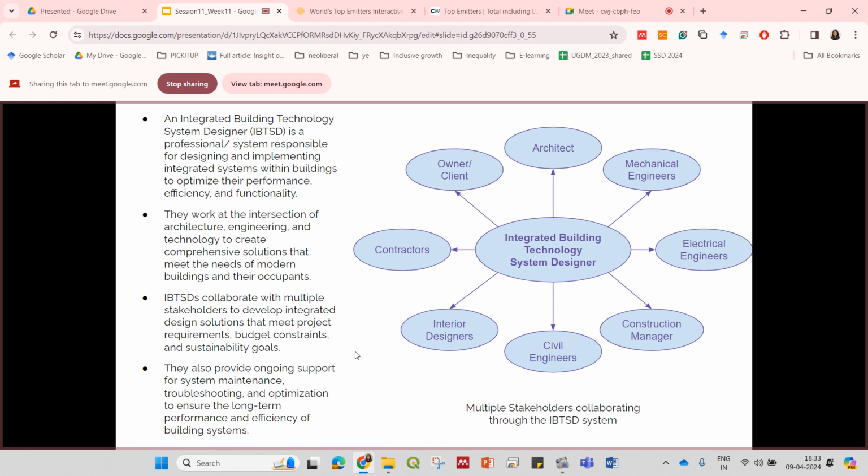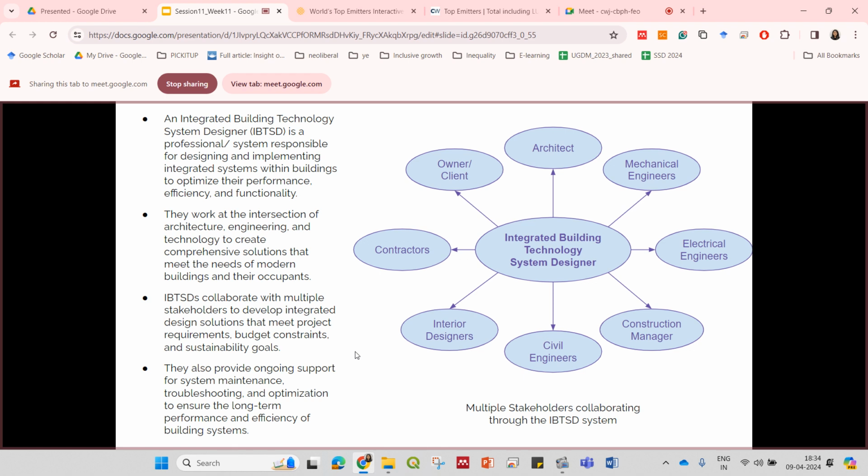Because many times when you are constructing or planning or designing a building, there is an intersection of various stakeholders or various functions. And in order to better plan or design or build or operate these buildings, you need these various stakeholders and various functions to work in tandem.